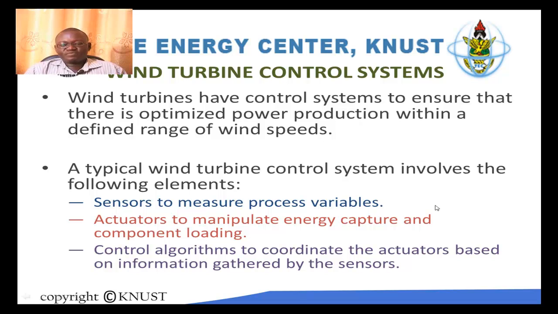The same thing happens if the direction changes from the east to the west. A signal is sent to the control system by the wind vane that the direction has changed to the west. Then actuators or certain mechanisms are activated to actually change the direction of the turbine towards the west.